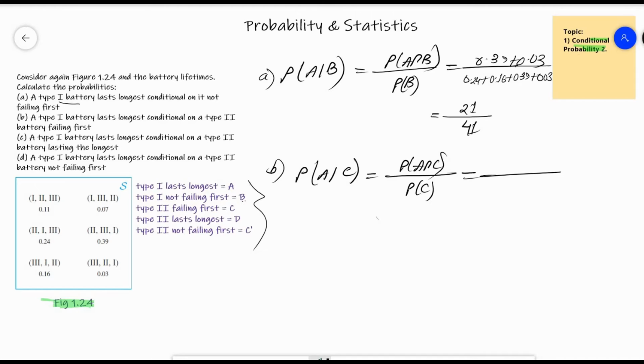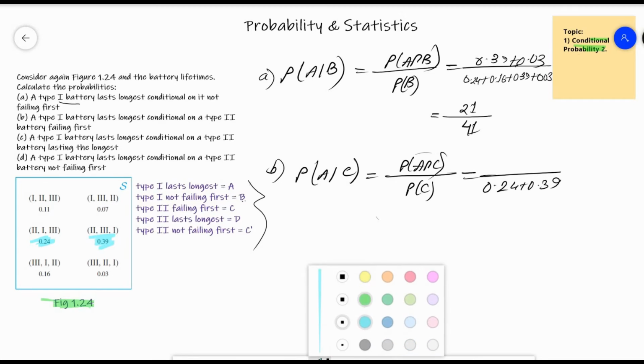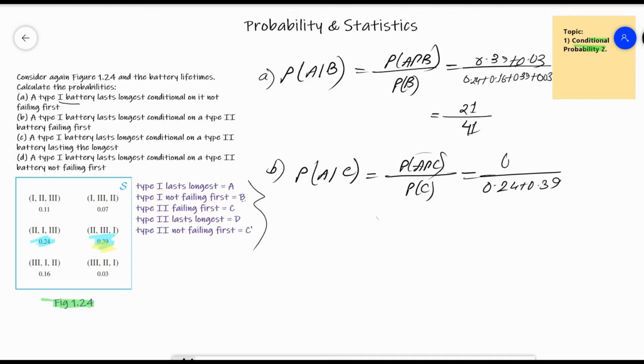In such case we have 0.24 and 0.39. So we will write it down here, 0.24 plus 0.39, and for the numerator we have only 0.39. So if we do the calculation, we get 13 over 21.